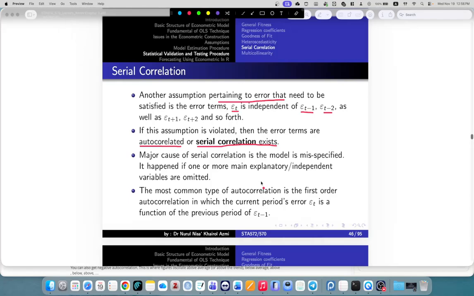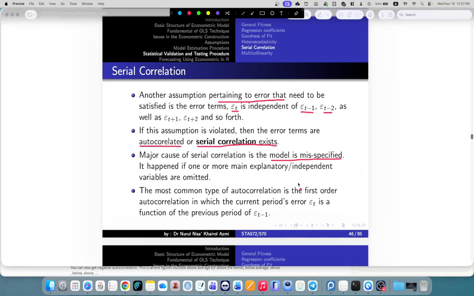If there is a major or serious serial correlation problem, we can remove or omit the variables that might cause it. This is one example where our model is misspecified. We say that if there is serial correlation, the model is misspecified.